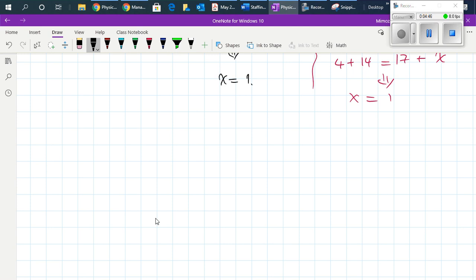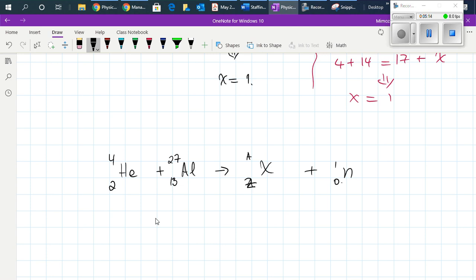So you will know that helium 2,4 is striking aluminum, which is in the 13th place of the periodic table. Check it. And it is producing an unknown element with A and Z, and a neutron, 1 and 0.